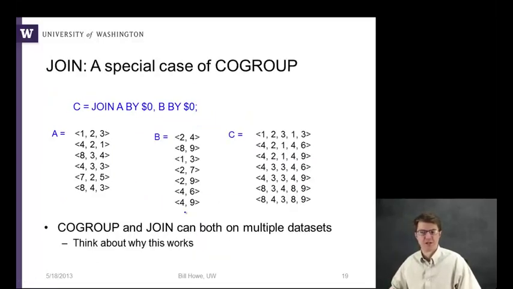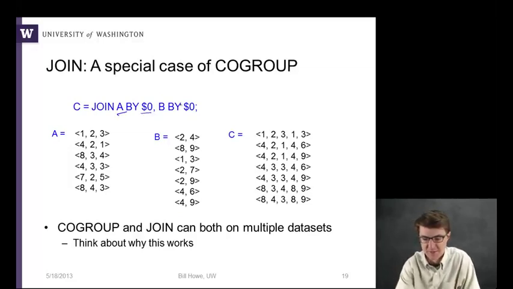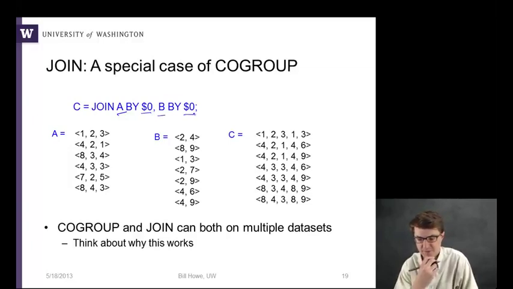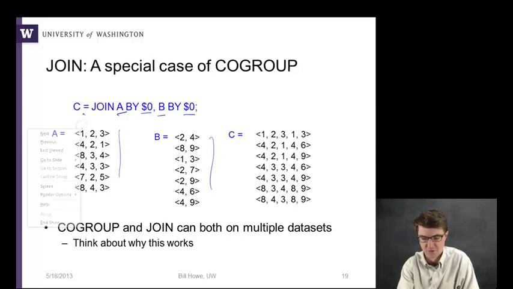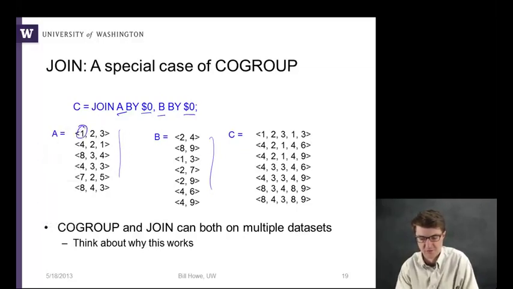Fine. I want to come back to cogroup in a second, but first let's talk about another operator which is just called join, and so it does exactly what you'd expect. So with join, you say join A by some set of field references and B by some other set of field references. Okay, and given A and given B, the result will be what we've talked about in the past, which is you look for the first position of A, $0, and find all the corresponding first positions of B. So here's 1 and 1.